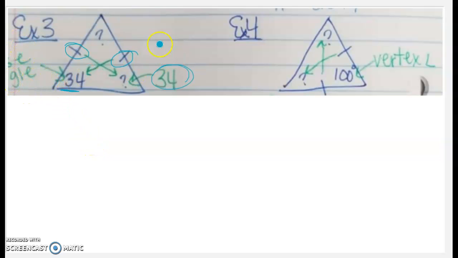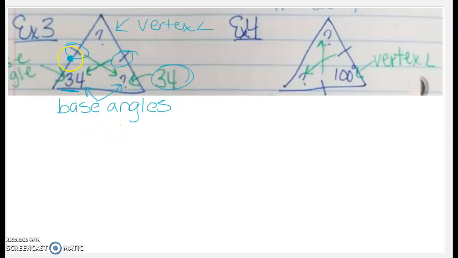These are also called base angles. The two sides that are congruent, those angles are called base angles, and those would be the ones that are the same. And then the one that is not the base angle is called the vertex angle.